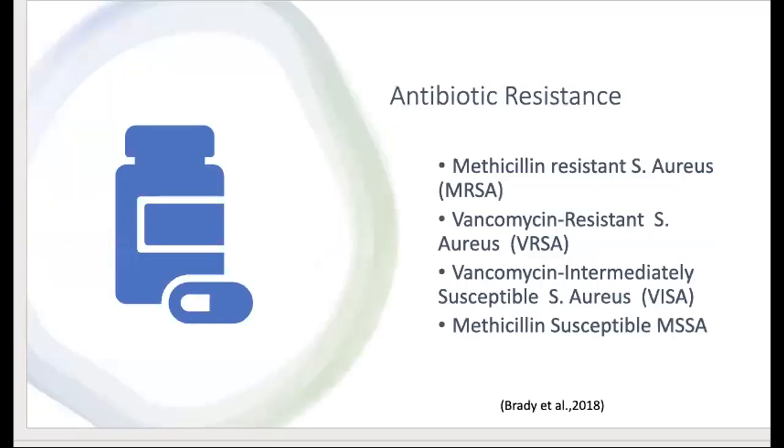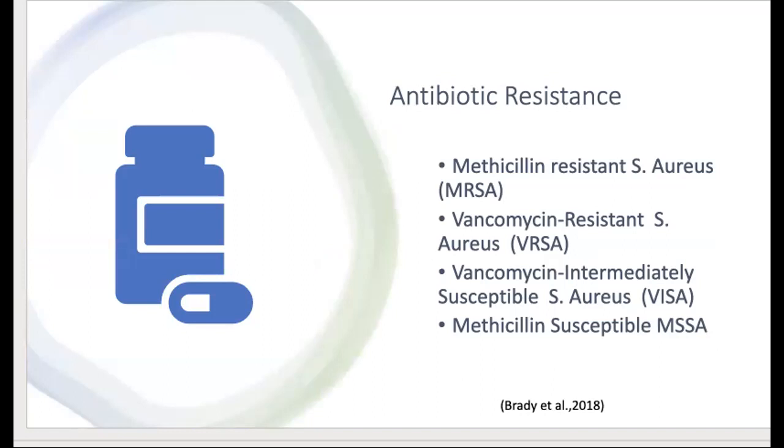S. aureus has also become resistant to antibiotics, and they are broken down into the following resistant types: methicillin-resistant S. aureus, MRSA, vancomycin-resistant S. aureus, VRSA, or vancomycin intermediately susceptible S. aureus.